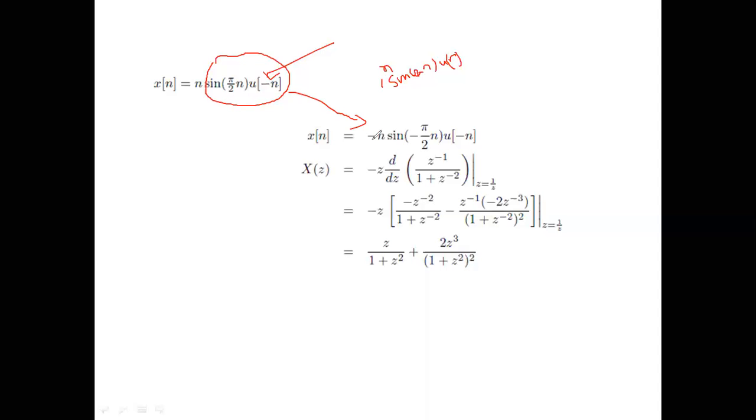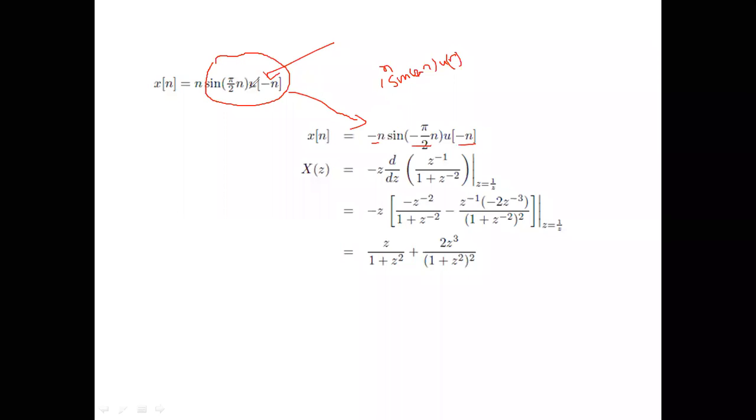So that minus sign has been taken care of here. So the meaning does not change, right? By rewriting this question this way, you can see every n has been replaced by a minus n.